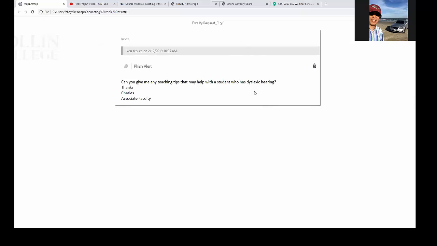Dyslexic, okay, is when people have problems with words. Sometimes the letters do not come in the same order, and sometimes they keep shifting, so it's very difficult for people who have it. One case I looked at was a student who was doing very badly in her work, and the faculty went to the administrator at the ELC to identify what was happening, because he suspected the student was cheating.